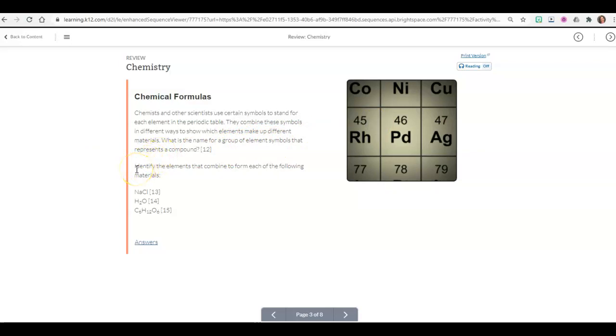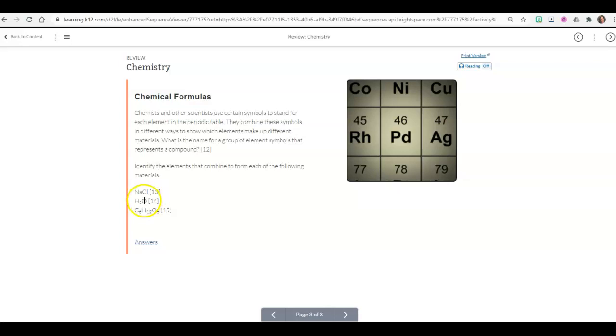So identify the elements that combine to form each of the following materials. So here you're looking at sodium, Na. You're looking at chlorine, Cl. So remember, a lot of students look at this and think it's a C and an I, and you probably wouldn't see those letters like that together. So Cl, chlorine.